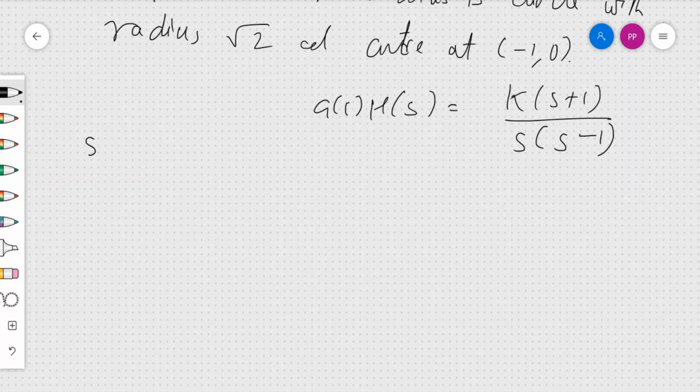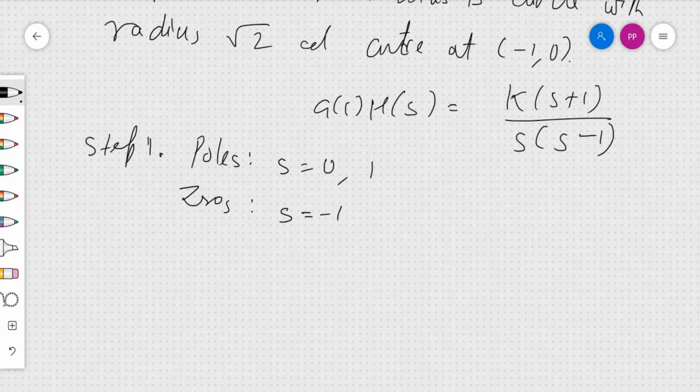Step 1 is the poles and zeros of the open loop. So poles are at s equal to 0, 1, and there is only one zero at s equal to minus 1.